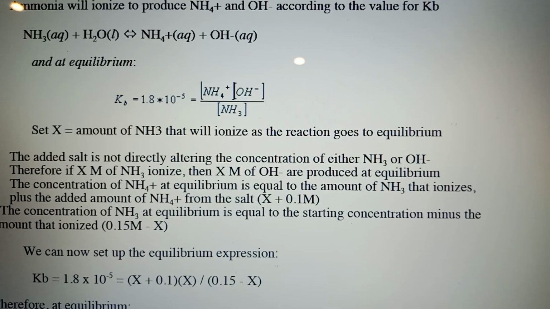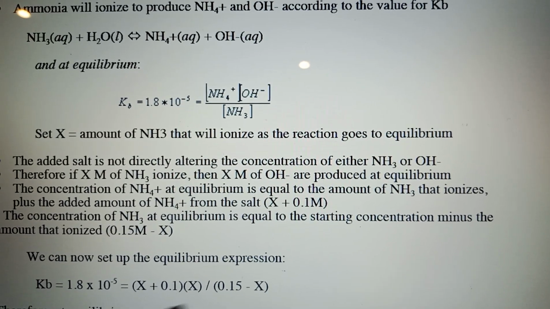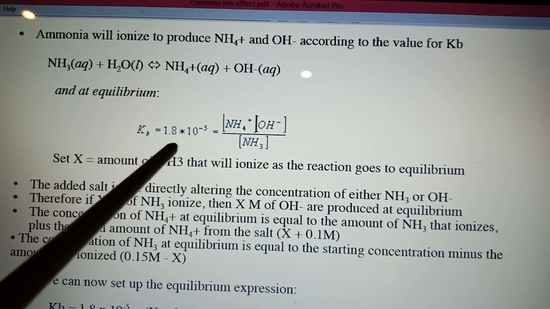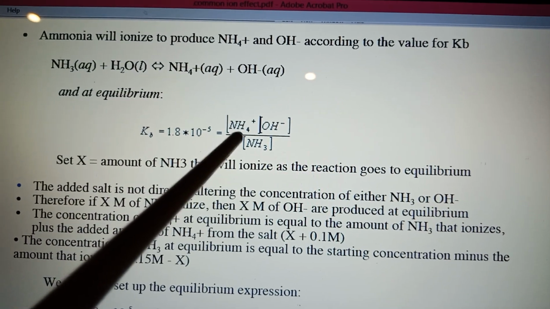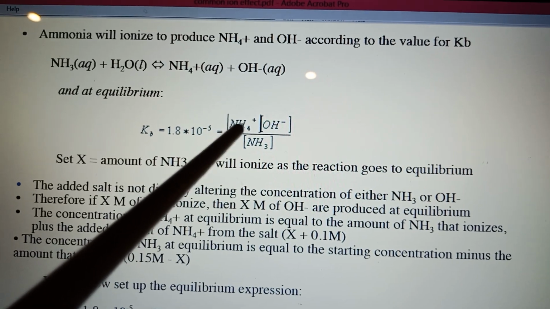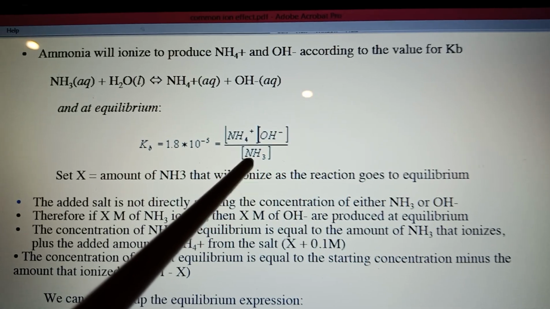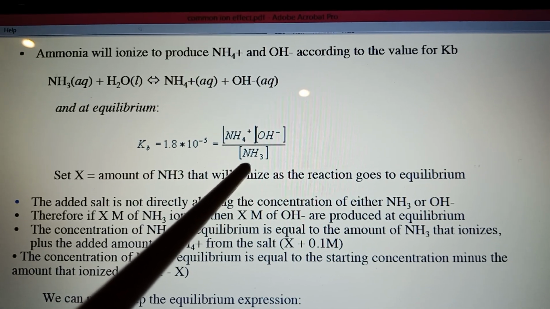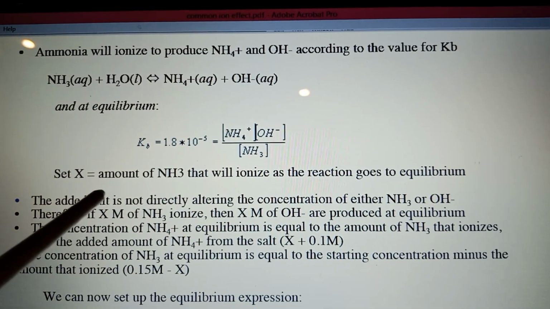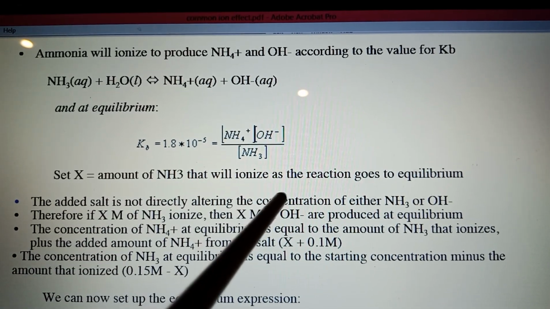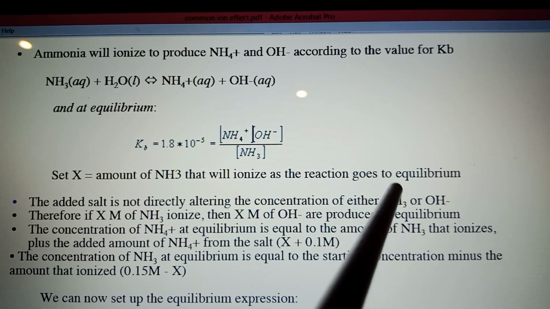For this case we have the equilibrium constant, that is Kb, equal to the concentration of ammonium ion and the concentration of hydroxyl ion, with respect to the concentration of ammonia, that is the weak base. So at start let's set the amount of ammonia that will ionize as the reaction goes to equilibrium.